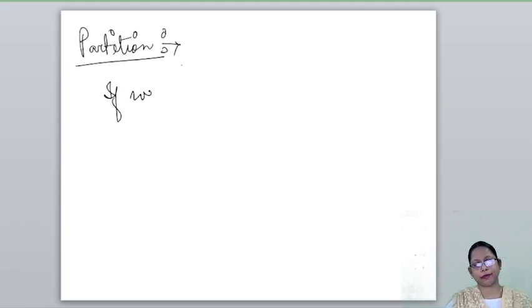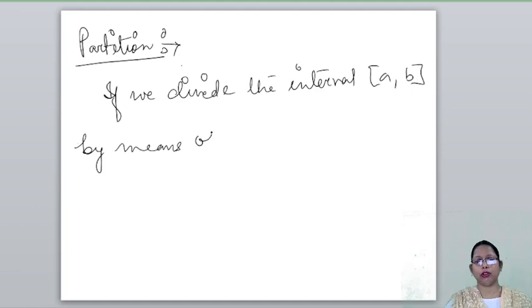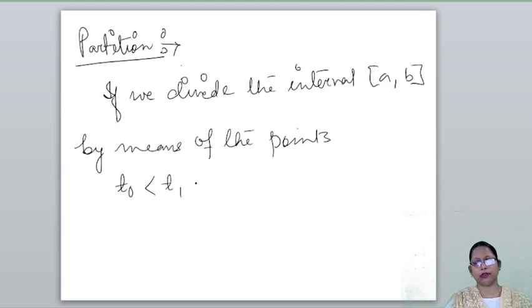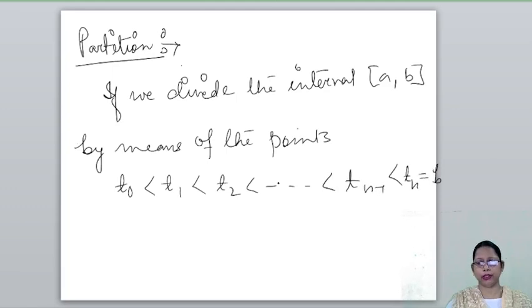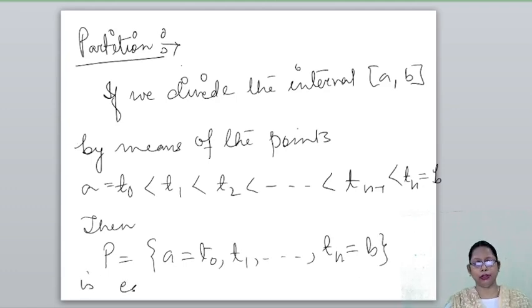If we divide the interval AB by means of the points t0, t1, t2, up to t(n-1), tn, where t0 is equal to a and tn is equal to b, then P equal to {t0, t1, ..., tn} is called a partition of the closed interval AB.